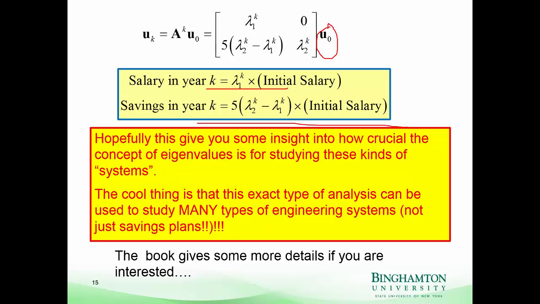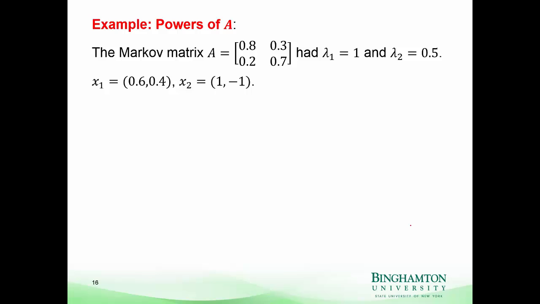As I said, this is not just a way of studying savings plans, but many types of engineering systems end up looking like this. So the book gives some more details on this kind of stuff if you're interested.